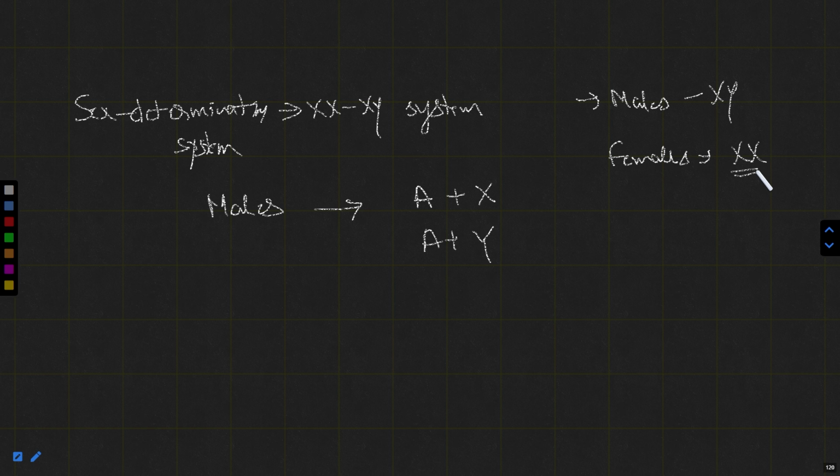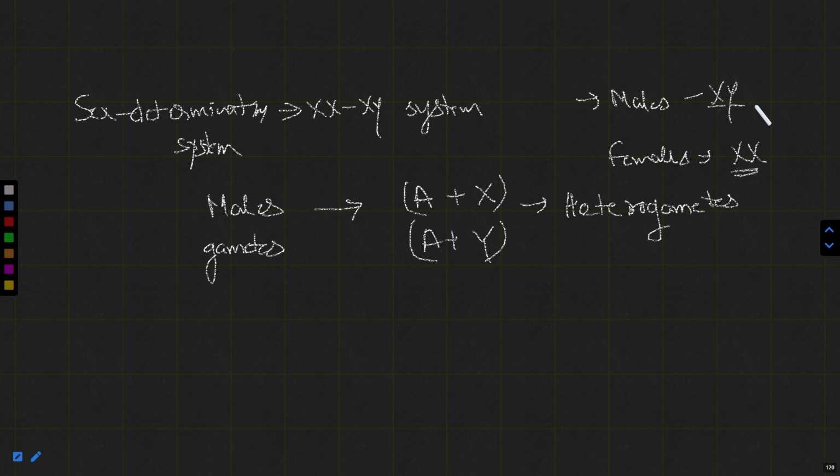Females contain two X chromosomes, whereas males contain one X and one Y chromosome. What will be the gametes produced by the males? Two kinds of gametes can be produced: A plus X and A plus Y. That's why males are known as heterogametic, because they produce two kinds of gametes, since they have two different kinds of sex chromosomes.